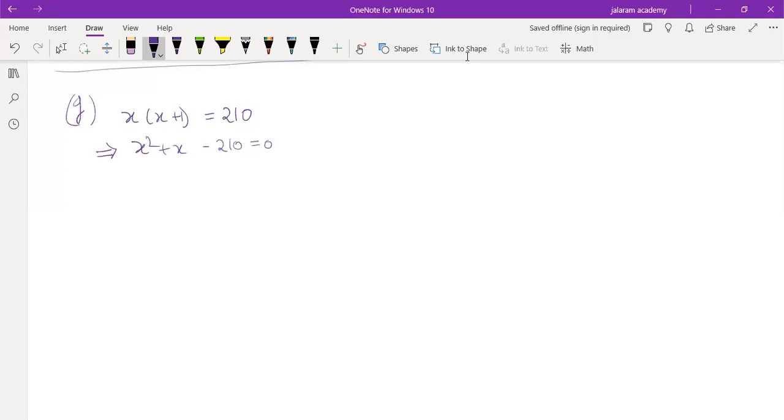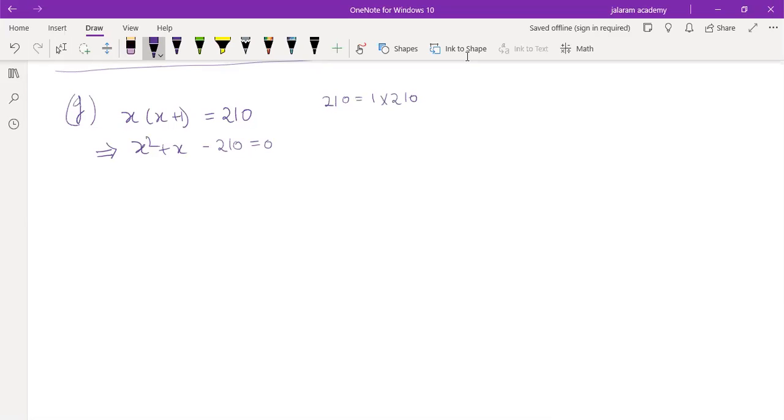Then, next line. It implies that x square, we will find the factors of 210. So first we will take 1 into 210. And the difference of factors is 209. What we have to find? Difference or the sum?